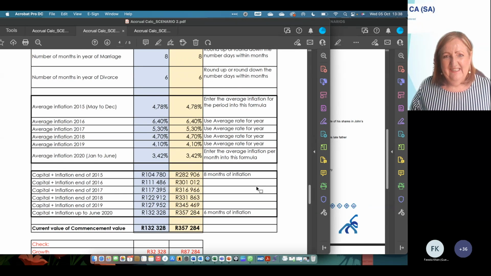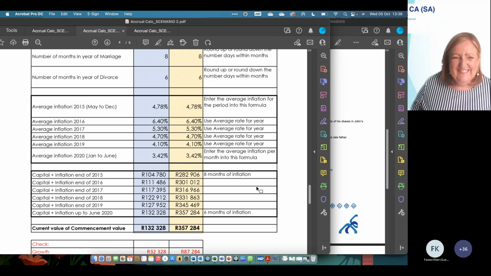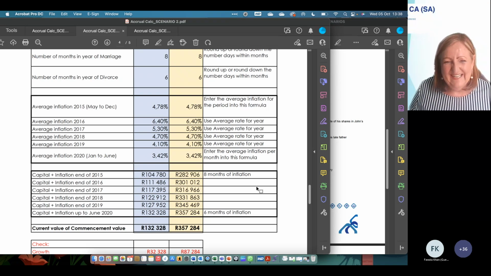This is the capital plus the inflation for 2015, 16, 17, 18, 19. It makes so much sense, and I think it's such a sound way to do it. I don't think you've lost anyone. Steph, I'm really just pulling your leg. Now she switched off her camera. I know Steph well enough. I know she's not going to be too angry with me.